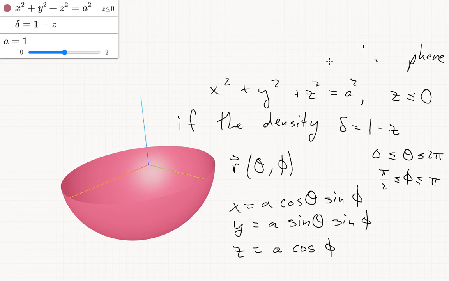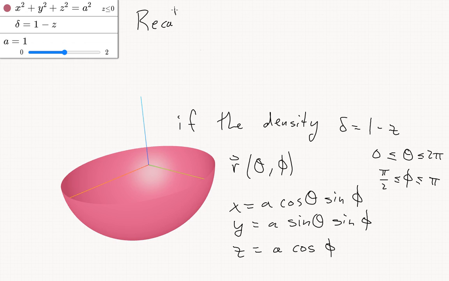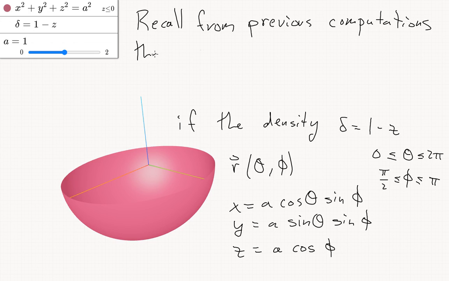All right, so we've calculated the surface area differential of a sphere a few times. So let me just recall from previous computations that the magnitude of r theta cross r phi is a squared sine of phi.